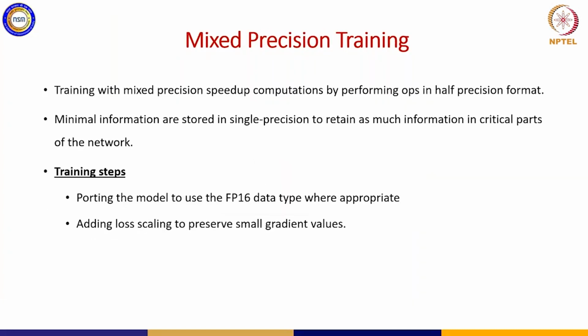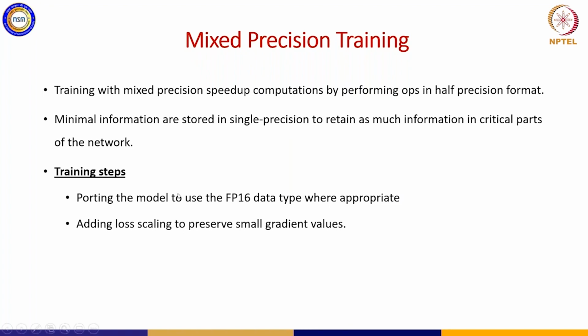Then mixed precision in training. So how do you train your model using mixed precision? Ideally, training with mixed precision will help you speed up computation because those operations are performed in half precision format. That is, it performs those operations using float 16, the FP16, and then the minimal information is stored in FP32, which is the single precision. So you are using both FP16 and FP32.